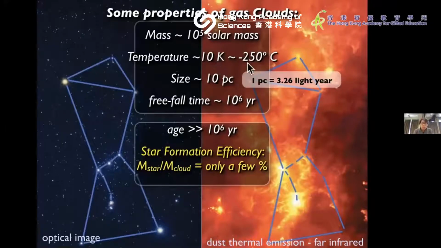And the temperature is very low, only minus 250 degrees Celsius. And the size is about 10 PC. Maybe you don't know what PC is, but 1 PC is about 3.26 light years. You must know light year, right? So the size is about 30 light years.